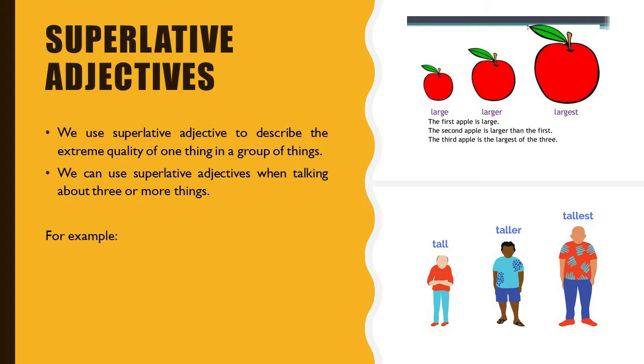As you can see, these sentences use a comparative adjective, because the word is larger. But now in the third statement, it says the third apple is the largest of the three.